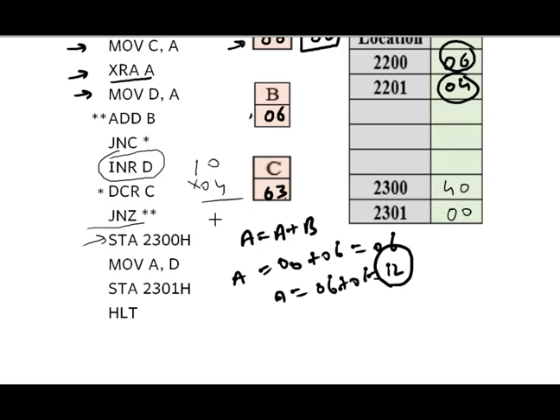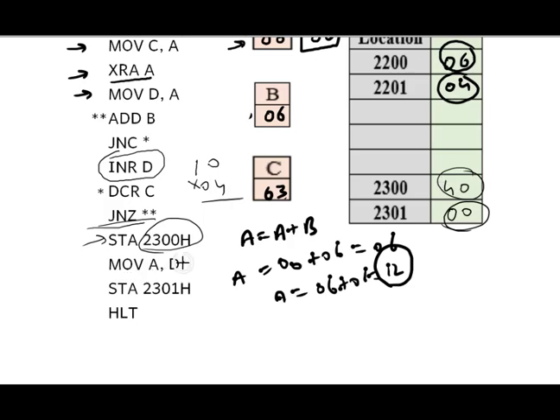What does STA do? It stores the result from register A to 2300. After this loop, A will contain the result, so STA will store the result of A to 2300. Then again MOV A, D. Why A, D?